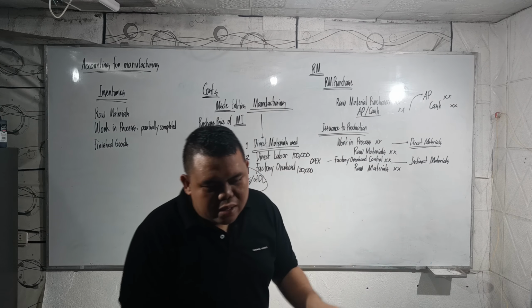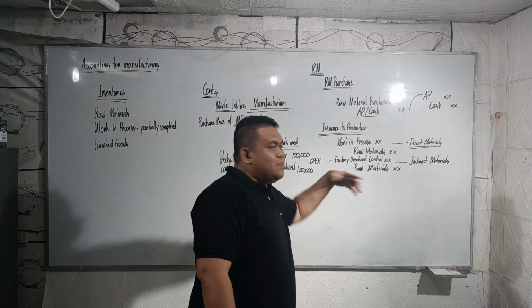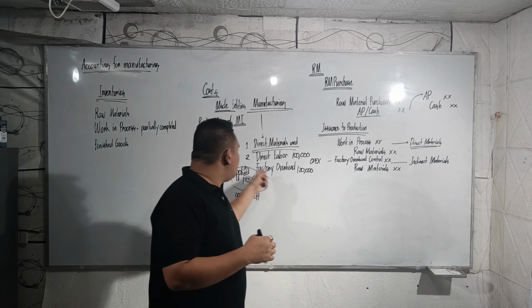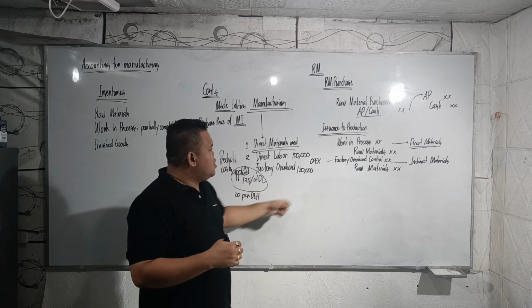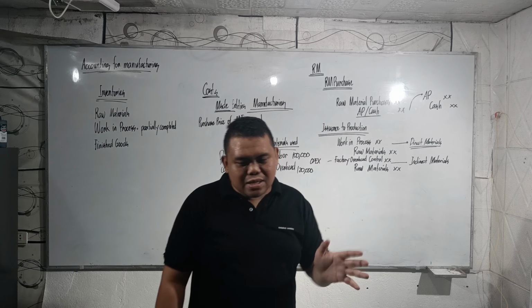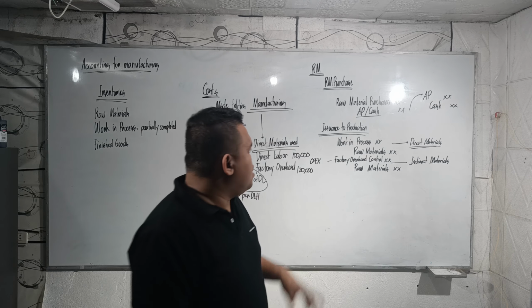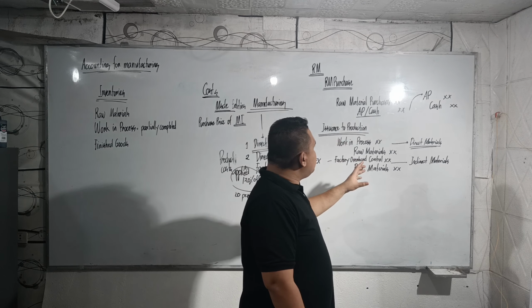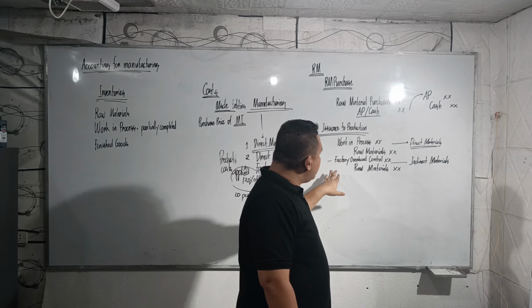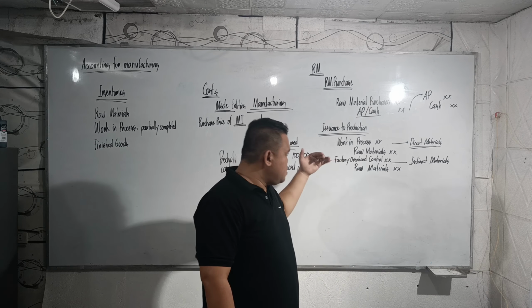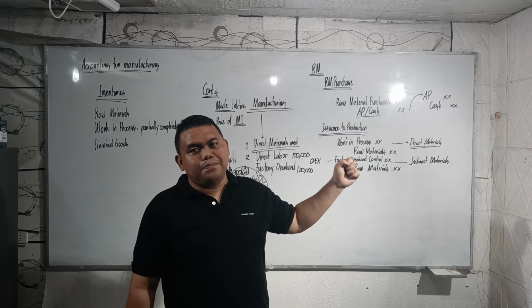But later on, at the end, this will be investigated if there is actually a variance on what was applied and what is the actual later at year end. I'll discuss that later. But now you have to remember if there are indirect materials that were issued to production, it should be in the factory overhead control account. It should be debited.